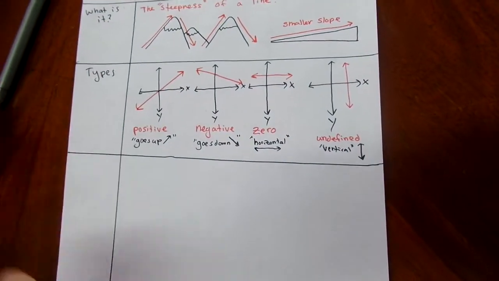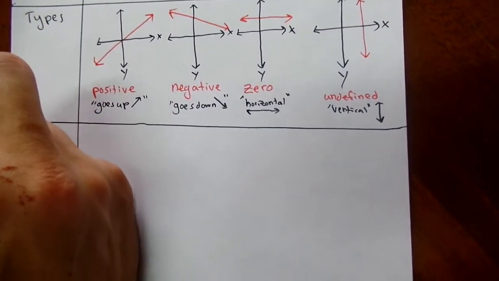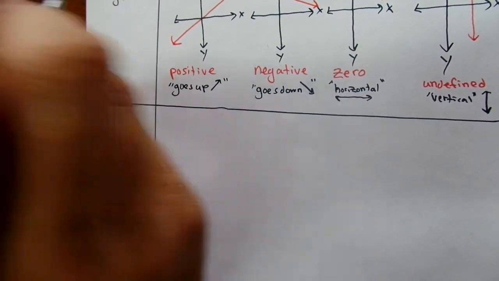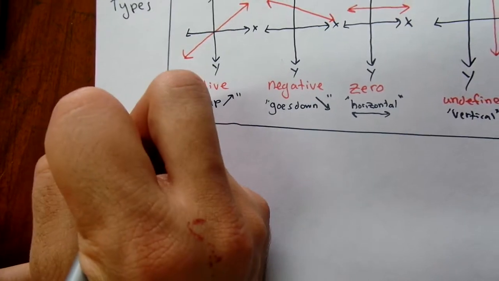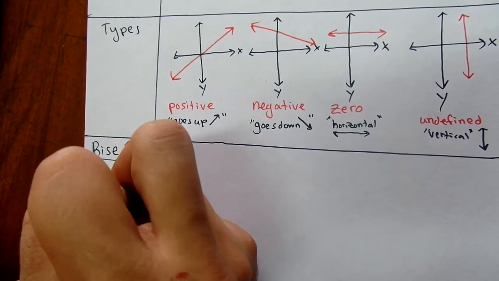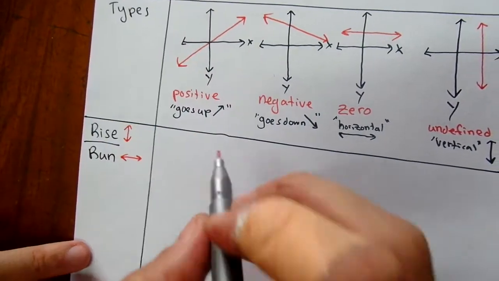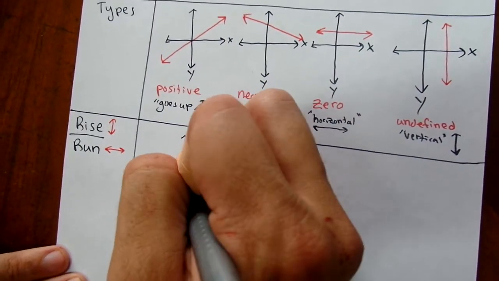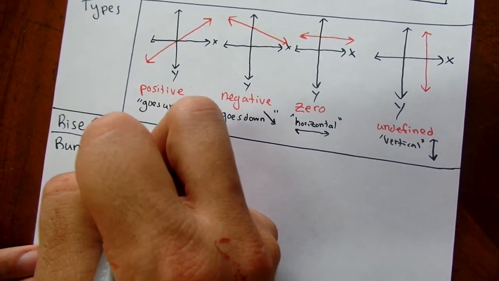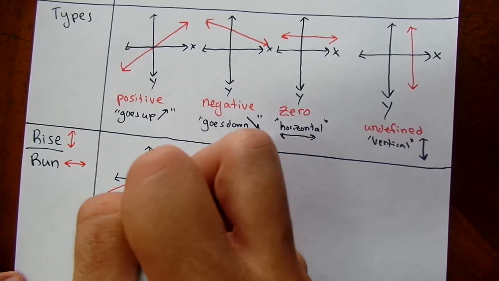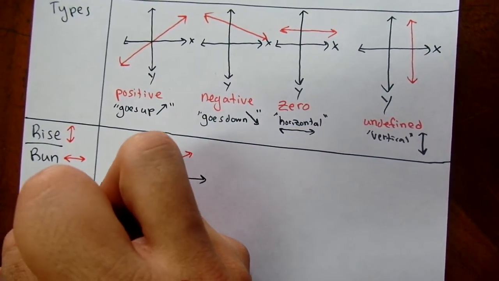So, we have something called rise over run. Okay? So rise means going up or down, run means left or right. So, let's say we have this line right here. Okay?